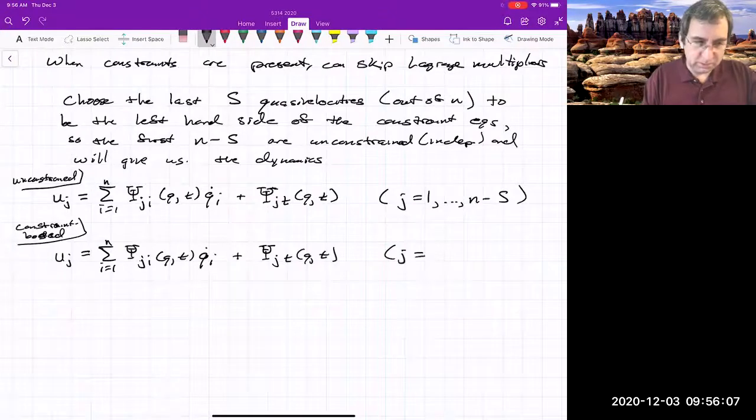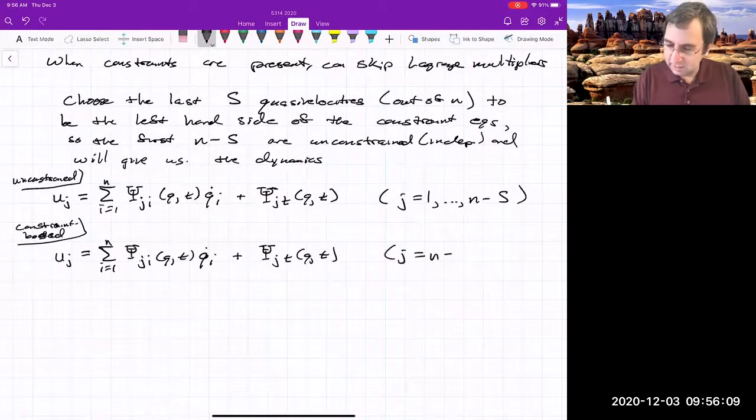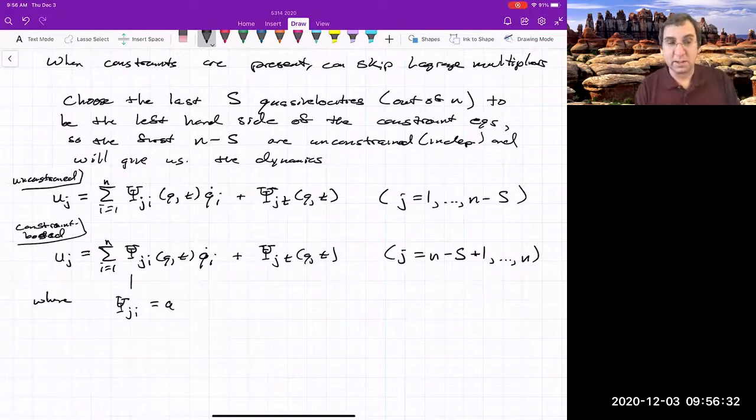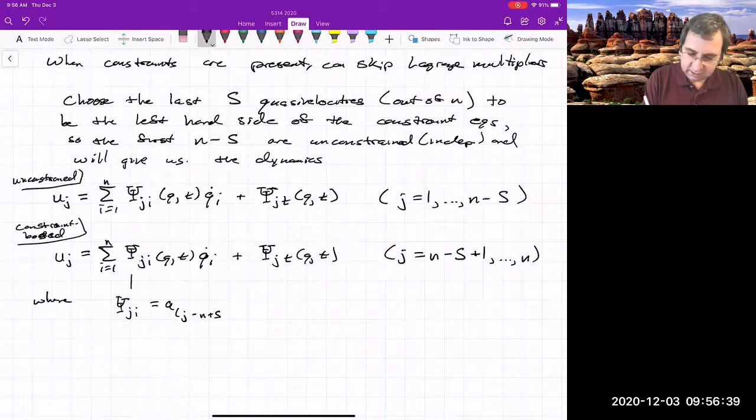Here j goes from n minus s plus 1 all the way up to n. And we pick these very specially, where psi ji equals a. Remember, the a's come from the constraints. So we'll write this as a with subscript j minus n plus s.